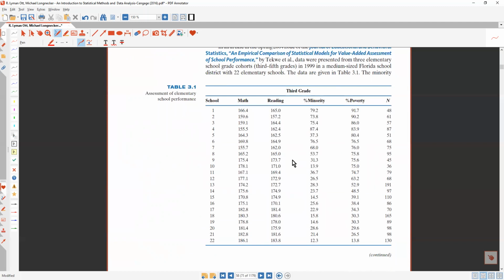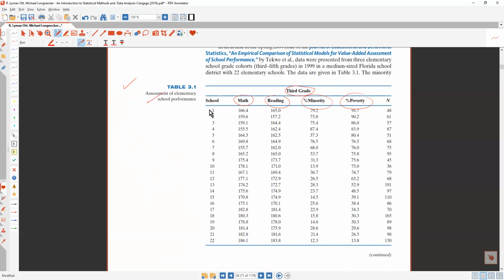Now here's where we get to the problem of data reduction, right? Reducing the data down. If we look at this whole data on third grade scores, well, there's different scores for math, for reading, percent minority status, percent poverty. Well, that data is continued on the next page. So this is elementary school performance.